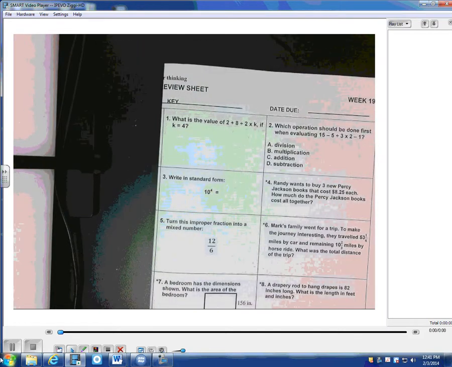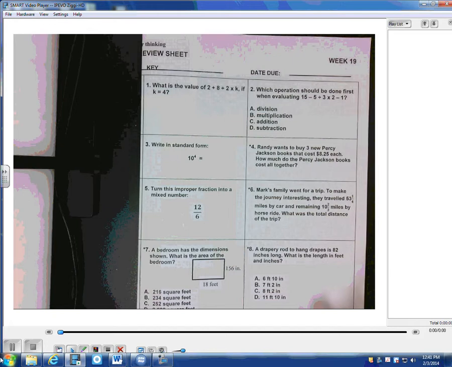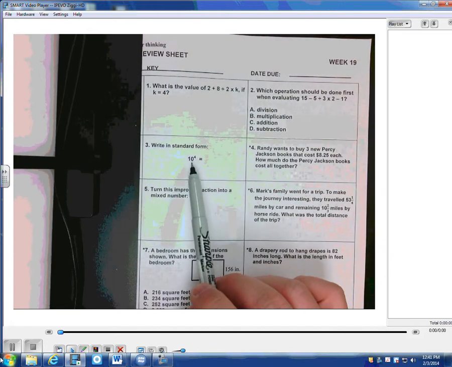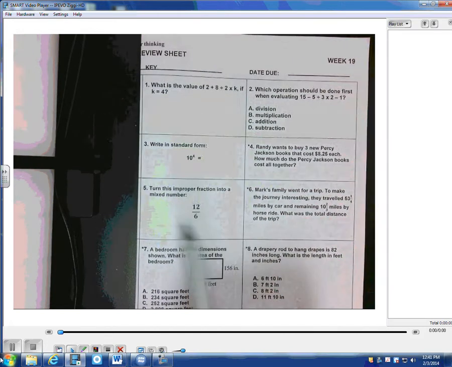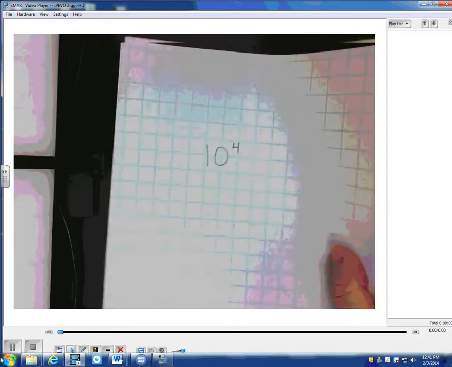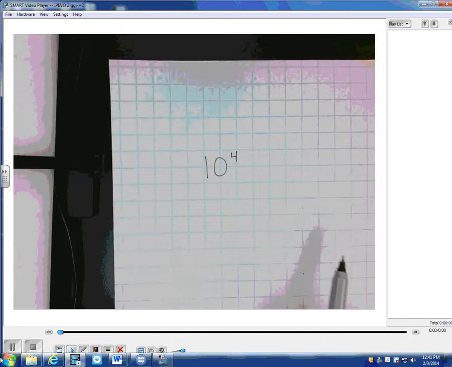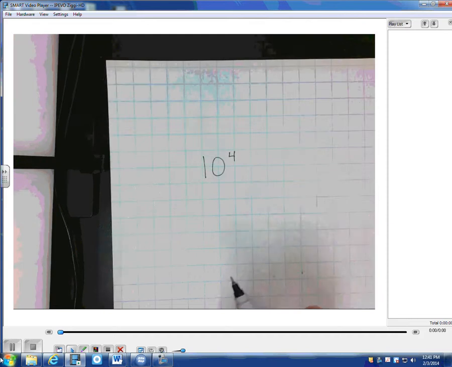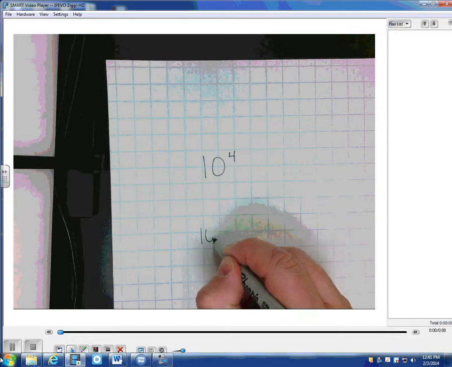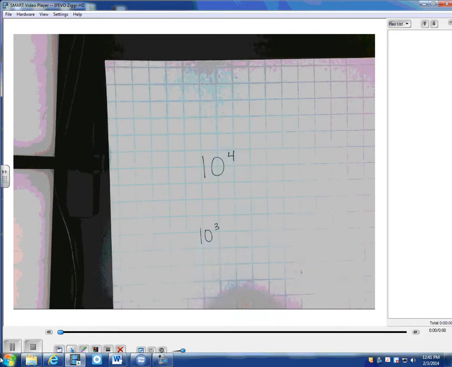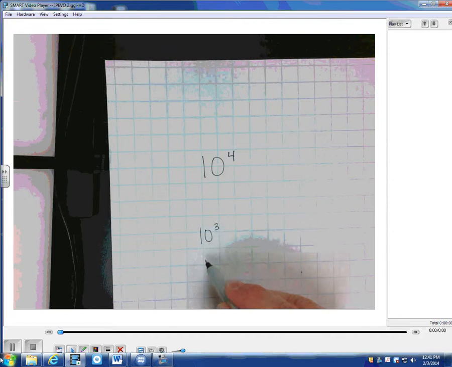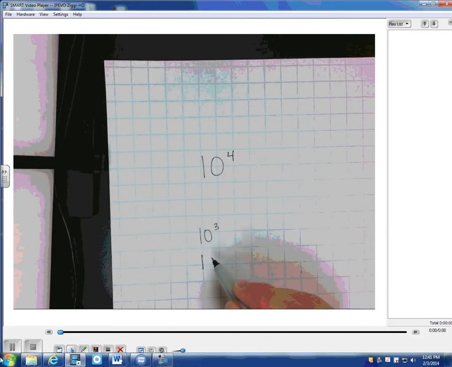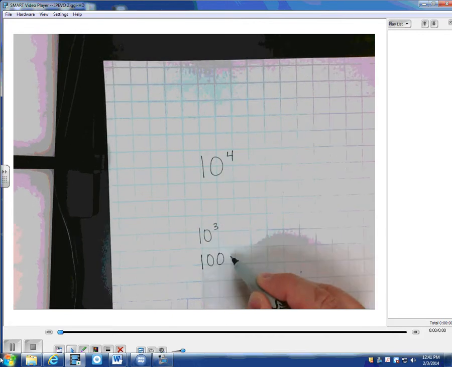Okay, number 3, another review. It says write in standard form 10 to the 4th power. The 4 here, the exponent 4, tells me how many zeros I'm going to have in my number. So for example, if I had 10 exponent 3, I know I would have 3 zeros in my answer. 1, 2, 3.